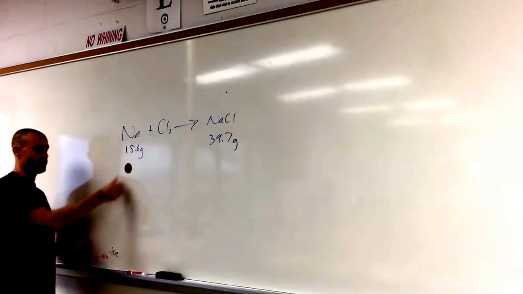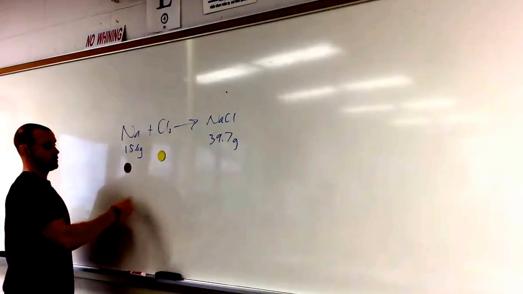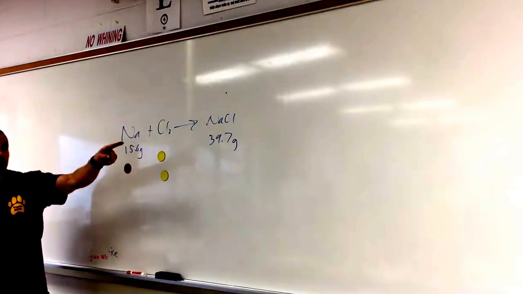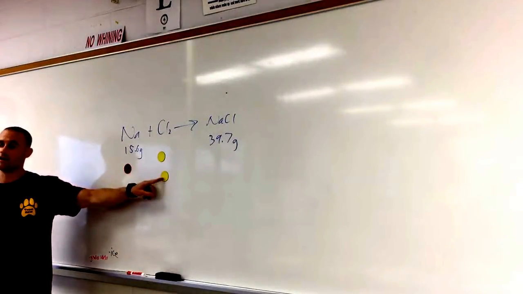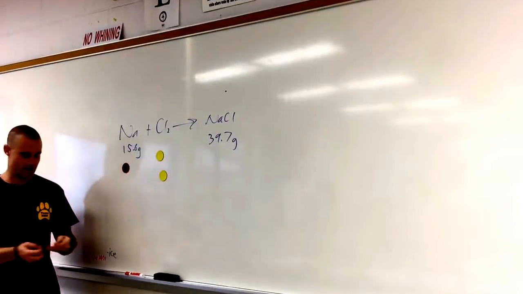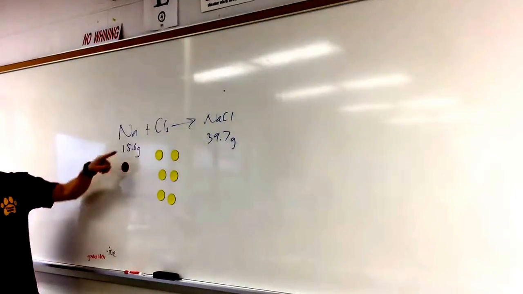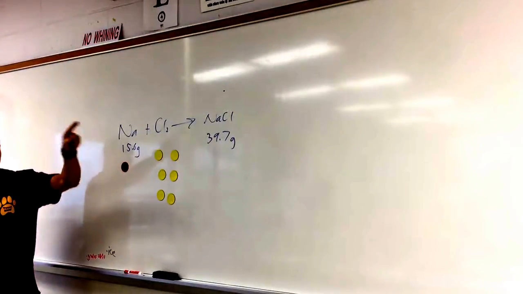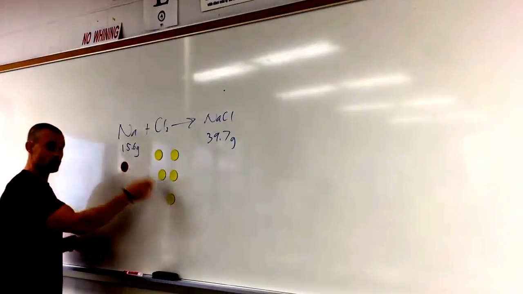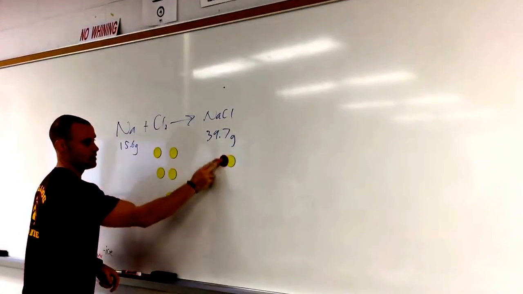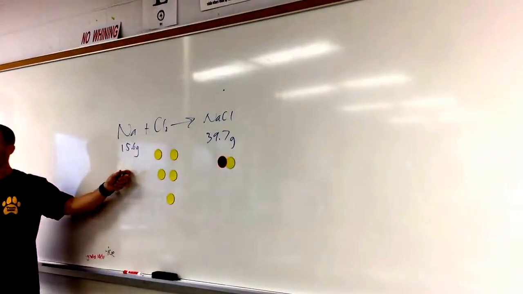Let's say red is sodium, chlorine is yellow. If I want to make salt, I need 1 Na and 1 Cl. Because this is excess, let's say you have 6 of these, but only 1 of those. If I want to make NaCl, I can only use 1 of these and 1 of these, and that makes NaCl.